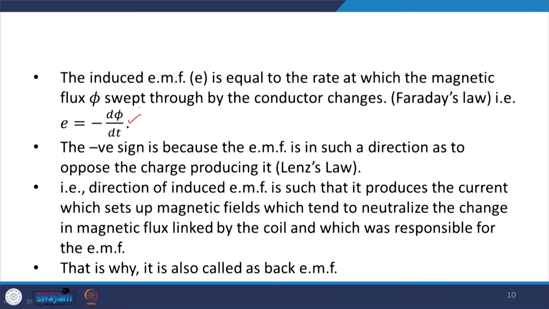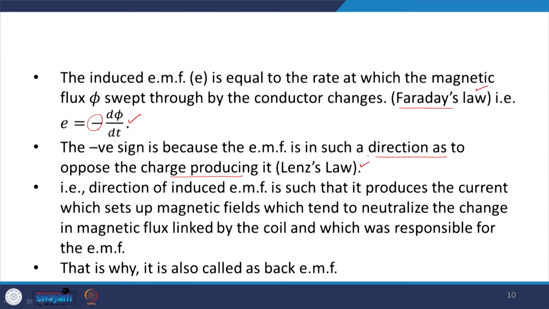This is as per Faraday's law, and the negative sign indicates that the induced EMF is in such a direction as to oppose the change producing it. This is popularly known as Lenz's law.